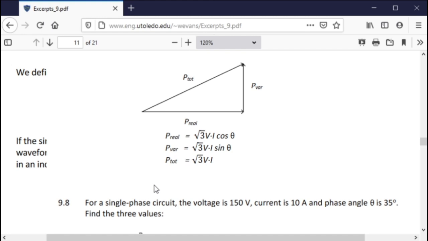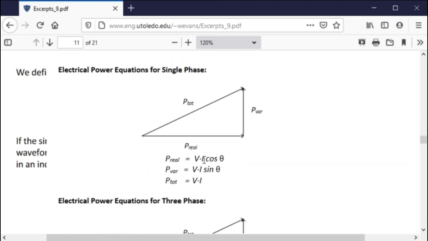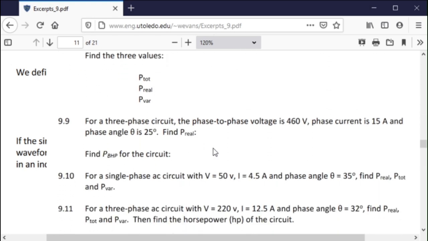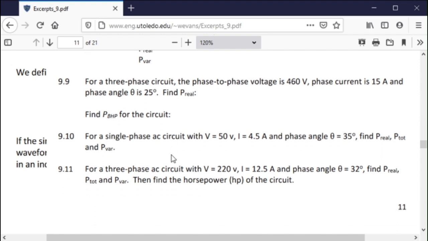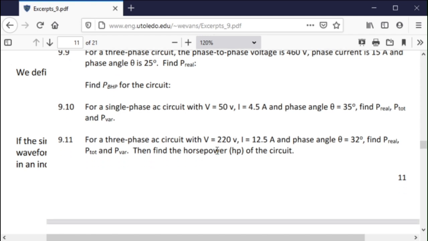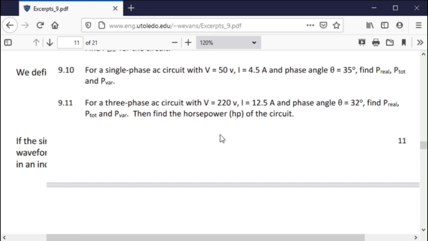That would be this set of formulas right here. Then for a three-phase, I give you 460, 15 amps, and a phase angle; find P real and P brake horsepower for the circuit. Again, it's just using the formulas. Here's another one, and another one, just using the formulas. That's all you have to do for these: plug these numbers in, and you'll get the answers.